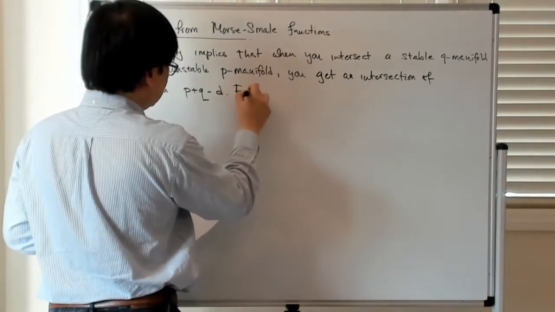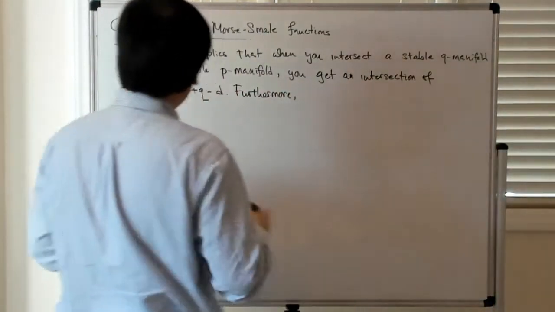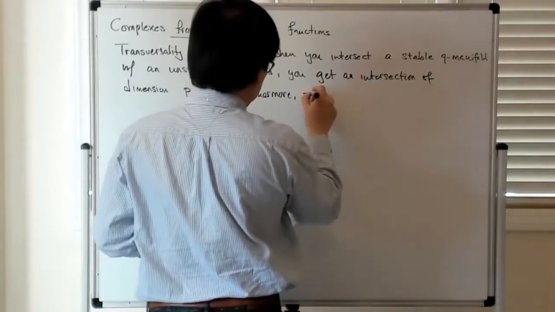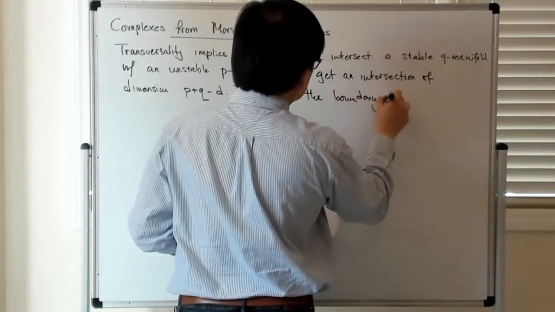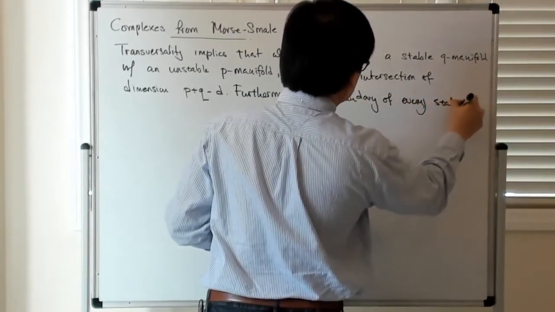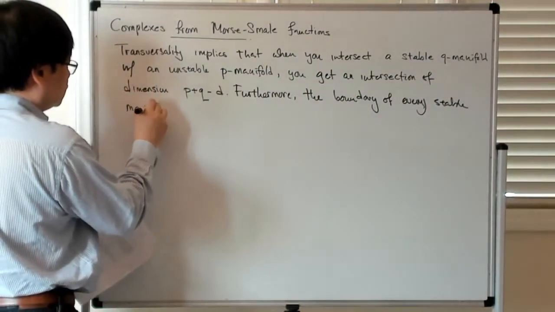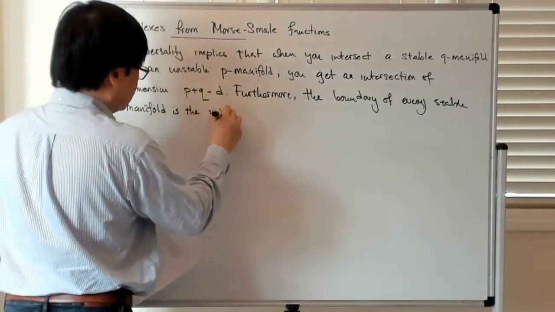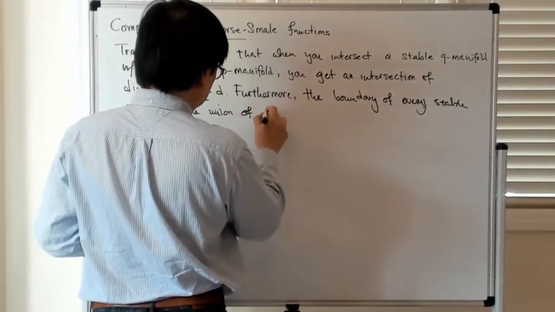A further consequence of having transversality is that the boundary of every stable manifold is the union of stable manifolds of lower dimension.